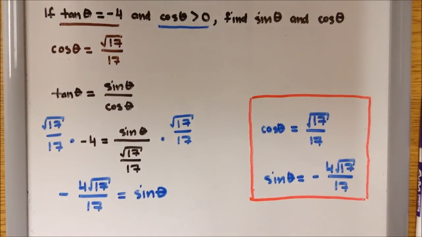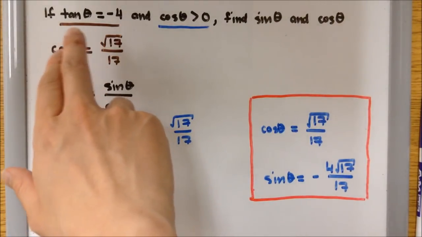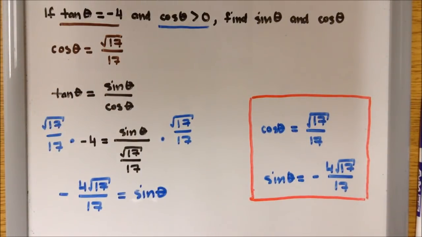Now, to review with this example, we use the Pythagorean identity tangent squared plus 1 equals secant squared, since it was given a value for tangent, with which we got the value for secant theta. But remember, it was secant theta squared, so we did the square root and got the positive and negative square root of 17.